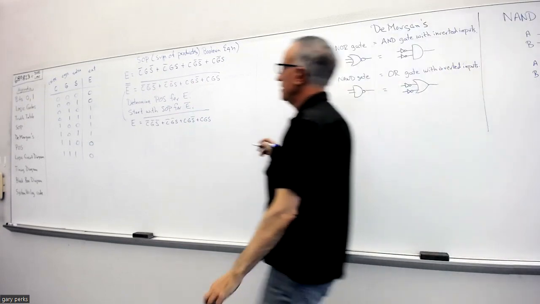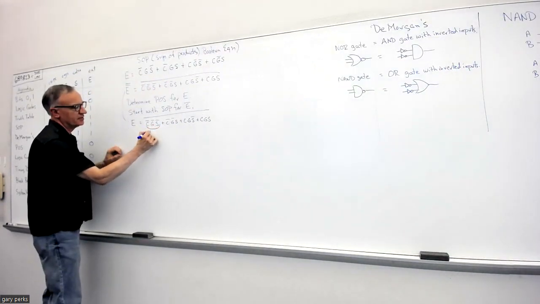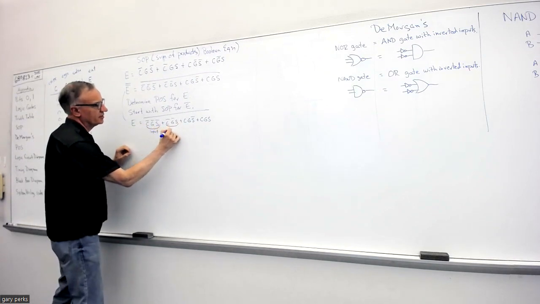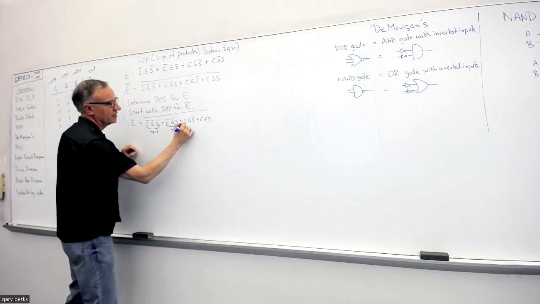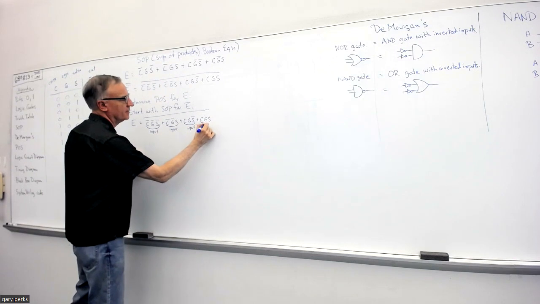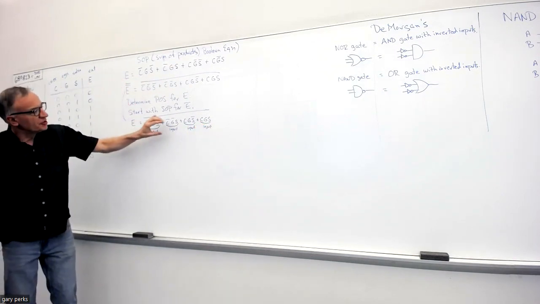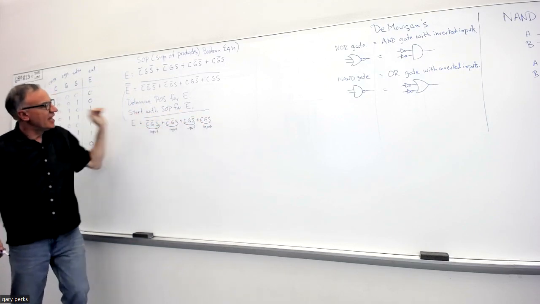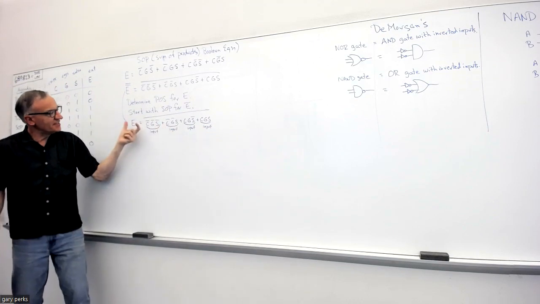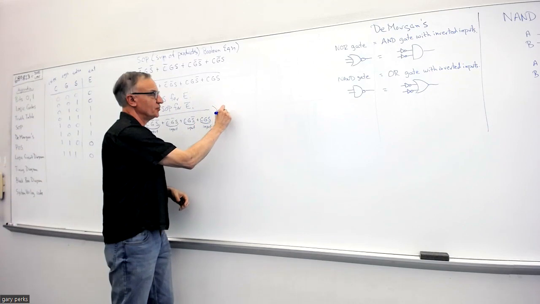Well, look, if you take this as an input, this as an input, this as an input, and this as an input, those inputs are being ORed together, and then the whole thing's being NOTed. So do you see that this expression right here is a NOR gate?